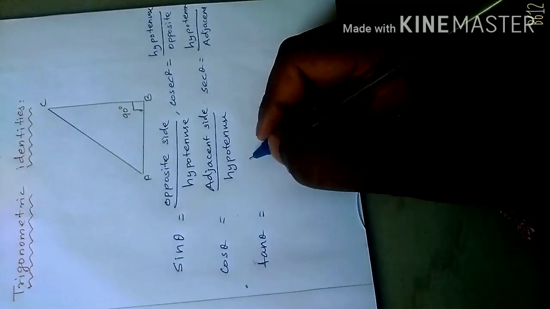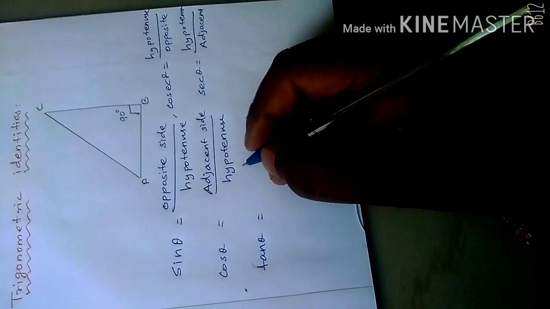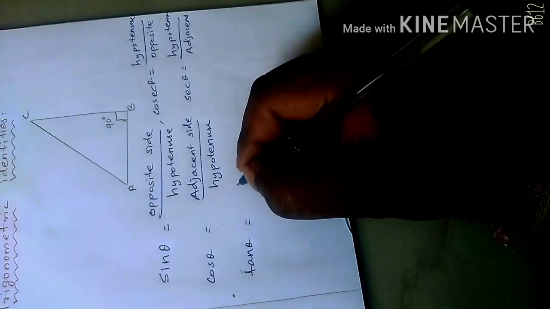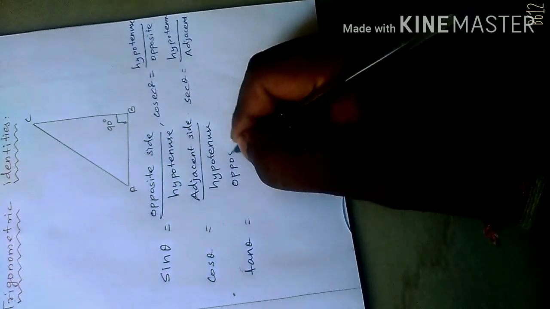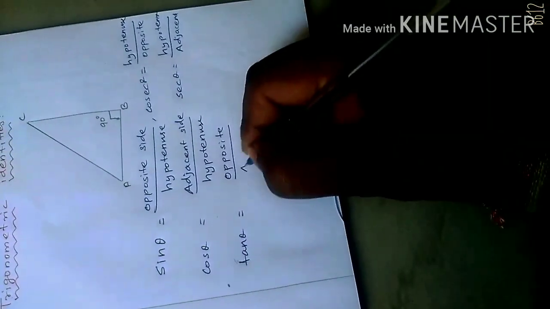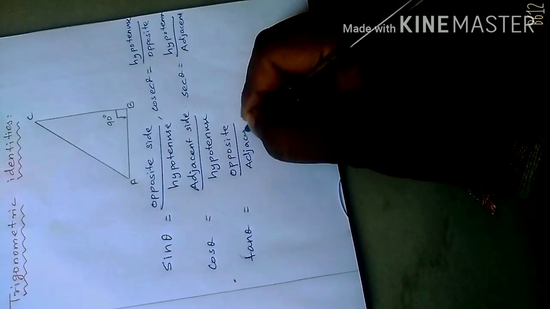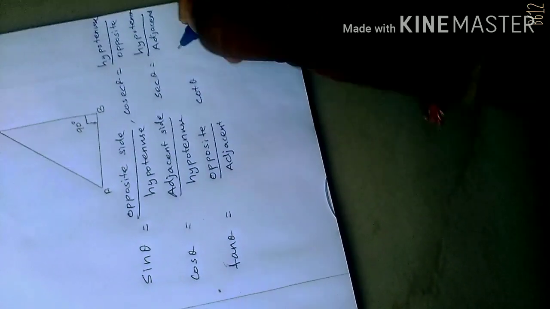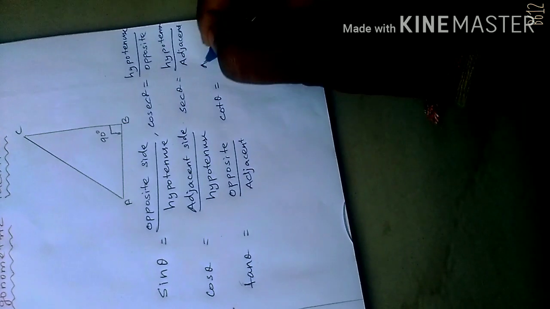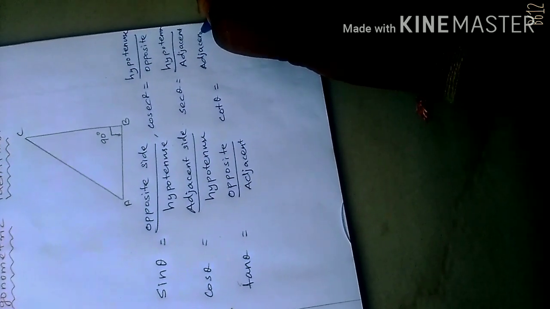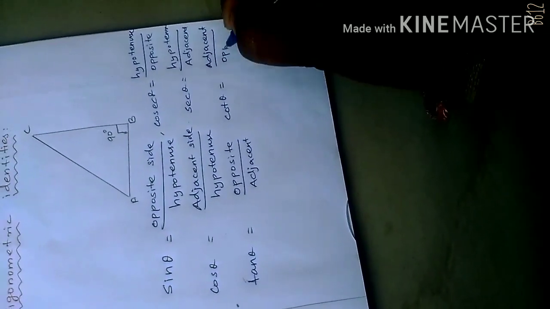Next, tan theta. Tan theta is equal to opposite side by adjacent. What is the inverse? Cot. Cot theta is equal to adjacent by opposite.